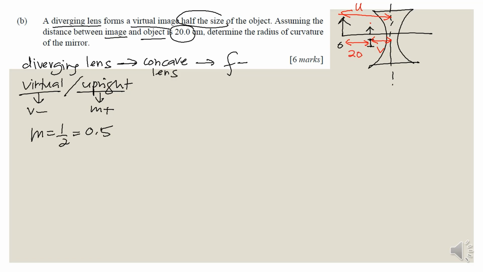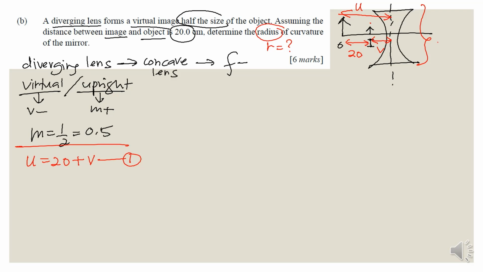Daripada gambaran ni, kita dapat satu persamaan, iaitu U sama dengan 20 tambah dengan V. Ini persamaan kita yang pertama. Kemudian dia suruh determine the radius, find R. Untuk find R, kita kena find dia punya F.